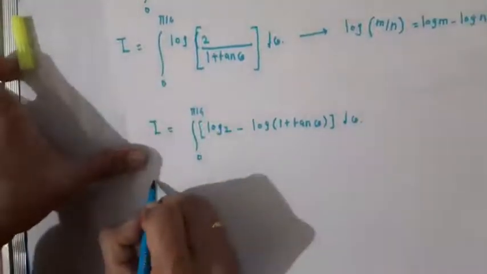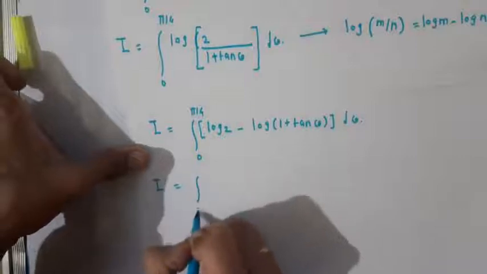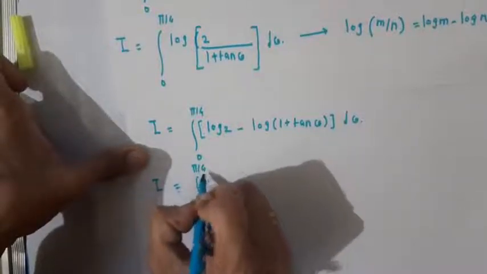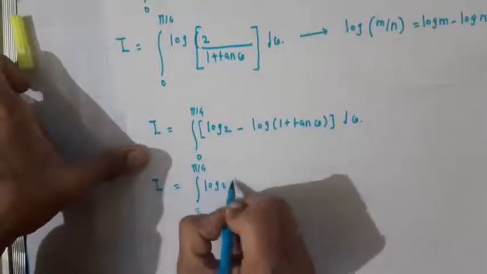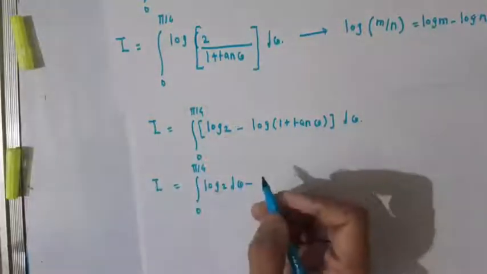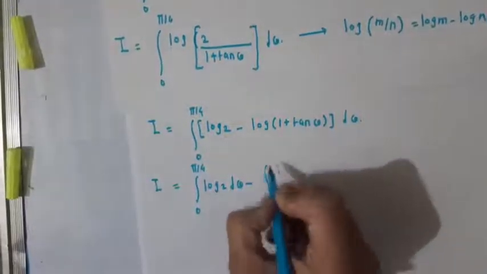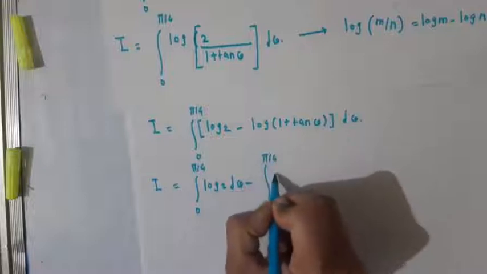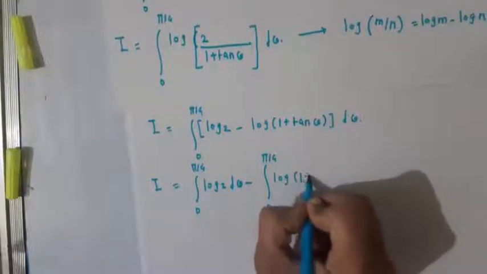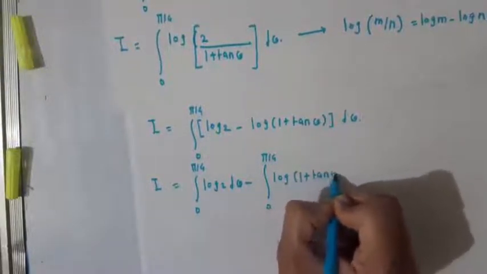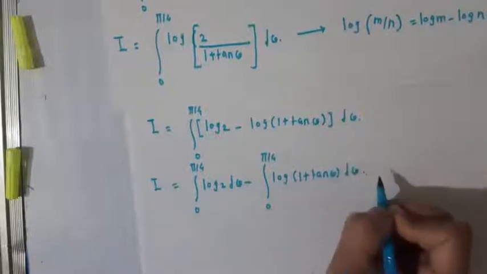Okay, now integration I equal to 0 to pi by 4 log of 2 with respect to theta minus integration 0 to pi by 4 log of 1 plus tan theta with respect to theta.